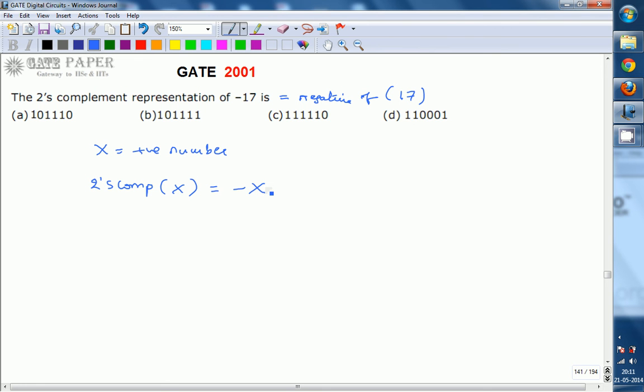So if you want to get minus x, you must know the positive number, and for that positive number you must take the 2's complement. Here, the 2's complement representation of minus 17 is nothing but the 2's complement of 17, because 2's complement is used to represent negative numbers.